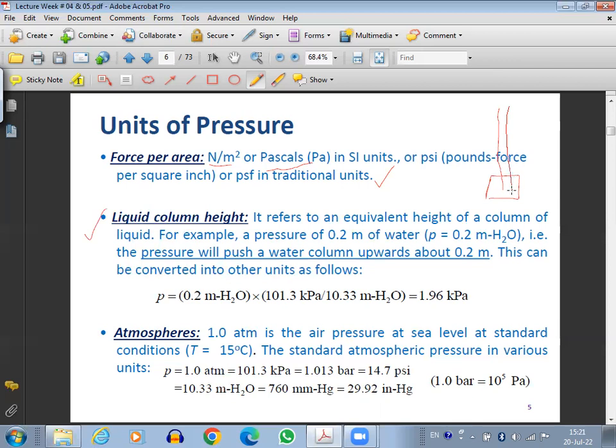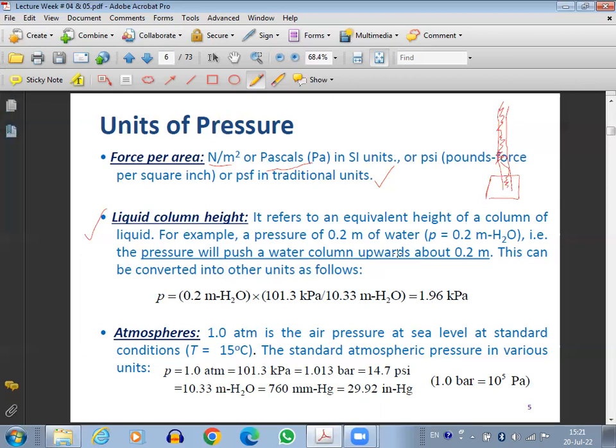So let's say I have a column, and this column is filled with liquid. Obviously if I hold this column in my hand, I will feel the pressure. So what should be the height of this column that will exert the same amount of pressure which I am actually talking about? That's another unit of pressure.